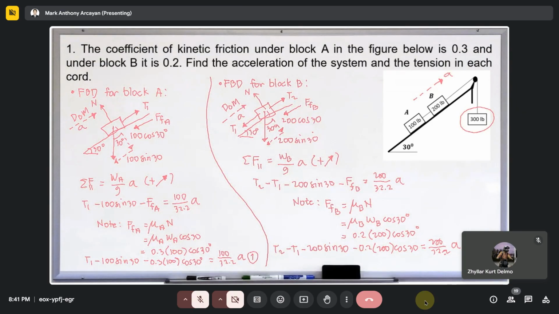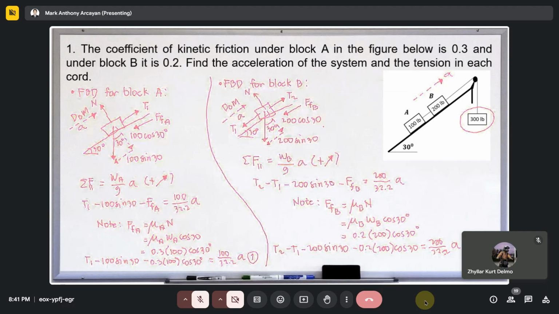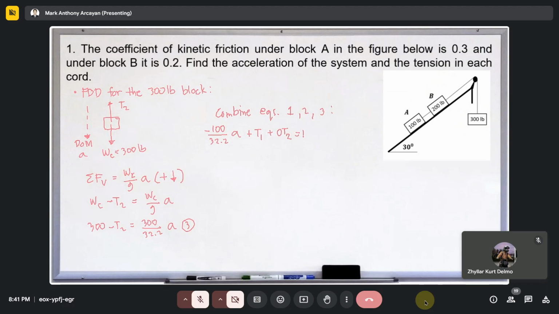Next we will combine the constant and transpose it to the right side. So it becomes equals 100 sine 30 plus the frictional force, 0.3 times 100 then cosine of 30. This is our equation 1.